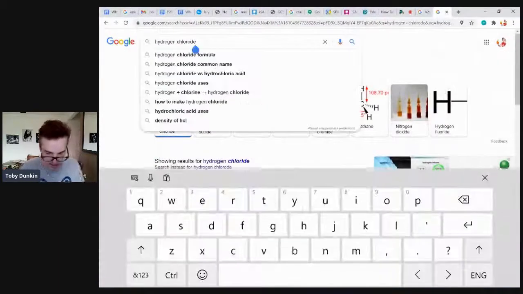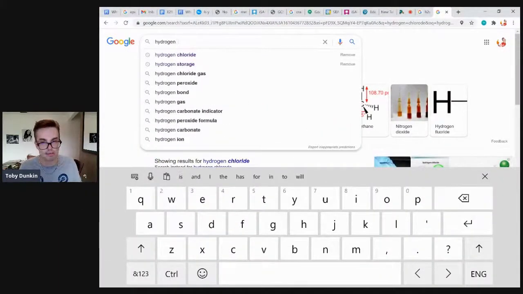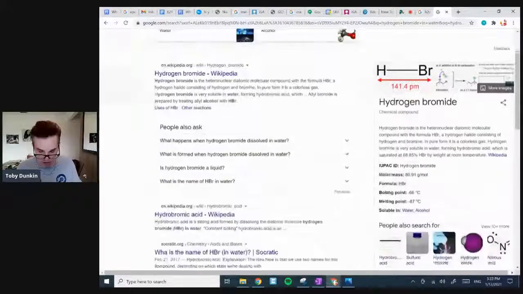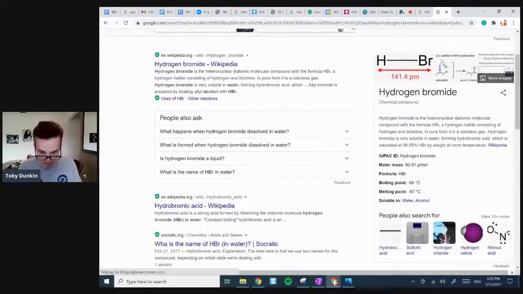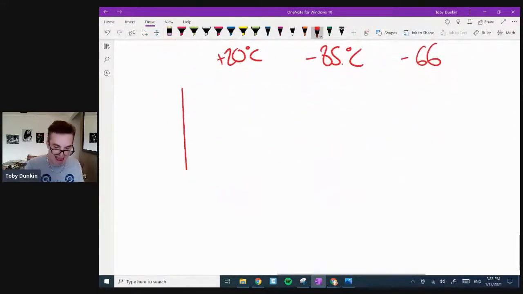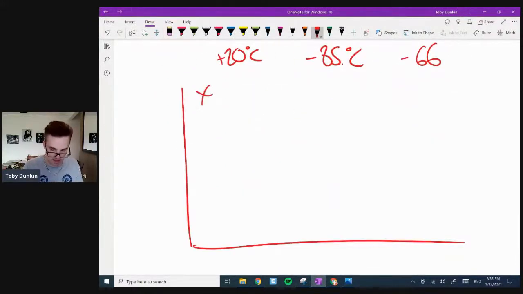So what about HBr? It should be higher than HCl because the molecule is larger. Bromide, so it should have stronger LDFs. But got to be careful. Boiling point minus 66. It's bigger. So the graph now looks like this: plus 20, minus 85, minus 66.